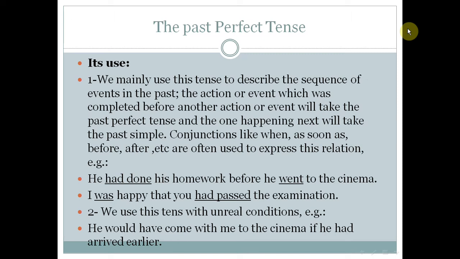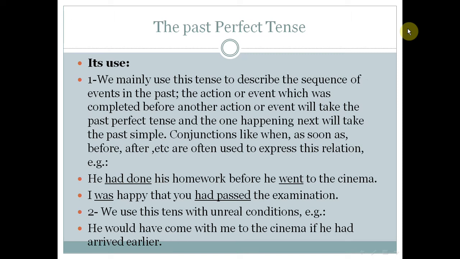Number 2, we use this tense with unreal conditions. Example, he would have come with me to the cinema if he had arrived earlier. So we use past perfect with unreal conditions.